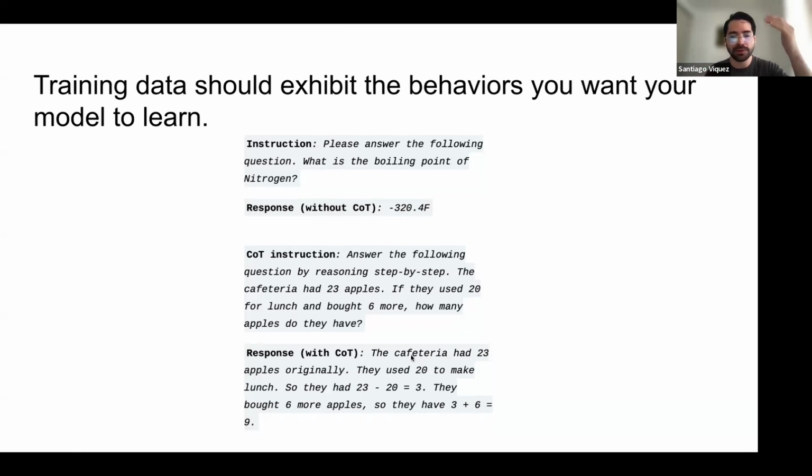So the dataset should have examples in the response like, hey, 23 minus 20 is equal to 3. They do the whole analysis in the response. Your data should look like the behavior that you want your model to have.